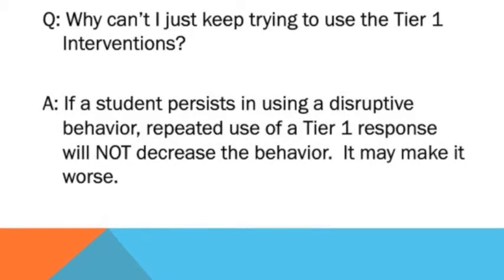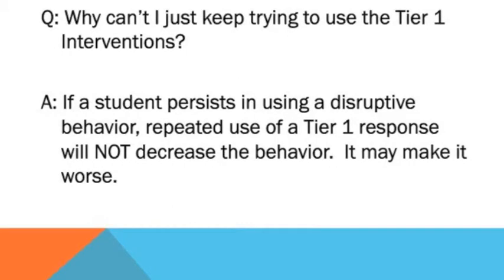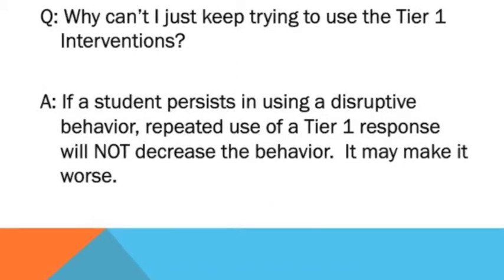The focus in Tier 2 is to move past that and either teach the student a new behavior to replace the old disruptive behavior, or remove the ability for the student to exhibit that behavior. For example, if they always tap on the window in your classroom, move them permanently to a new seat away from the window so that they cannot tap on the window.